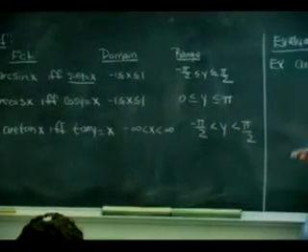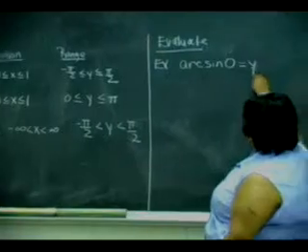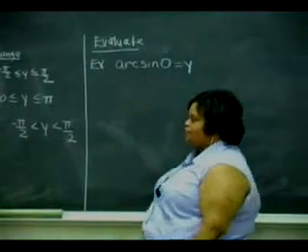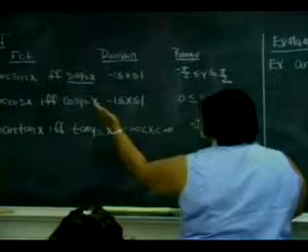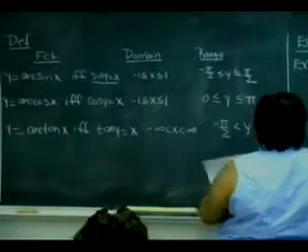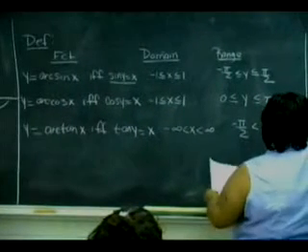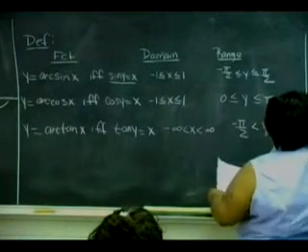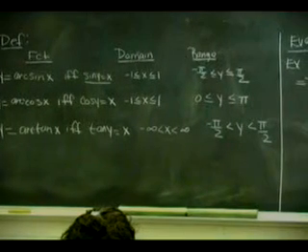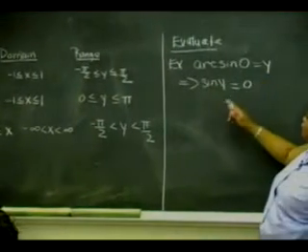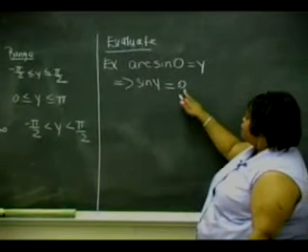So let me say that arc sine 0 equals some y. What this statement means is that y equals arc sine x if and only if sine y equals x. So here, y equals arc sine 0 if and only if sine y equals 0.